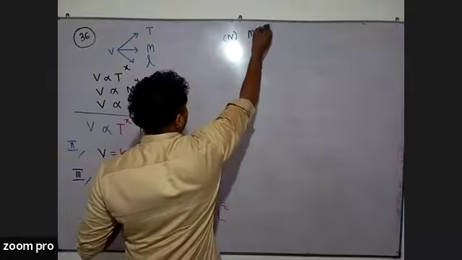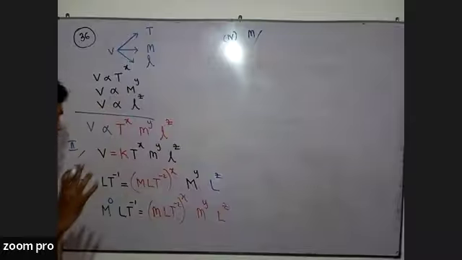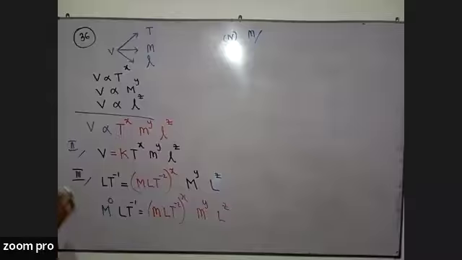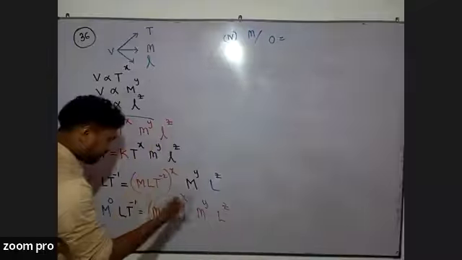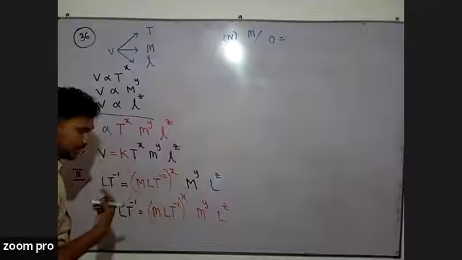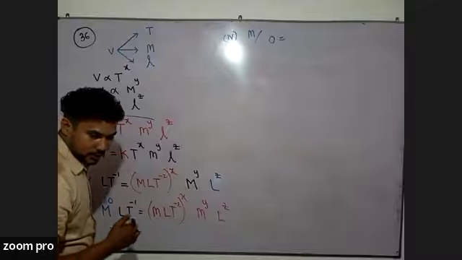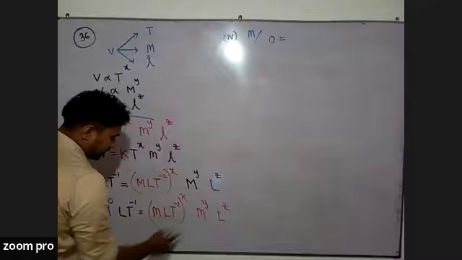Let's start from M. On the left side, the power of M is equal to 0, right? On the right side, you can find M in two positions, here and at this point.